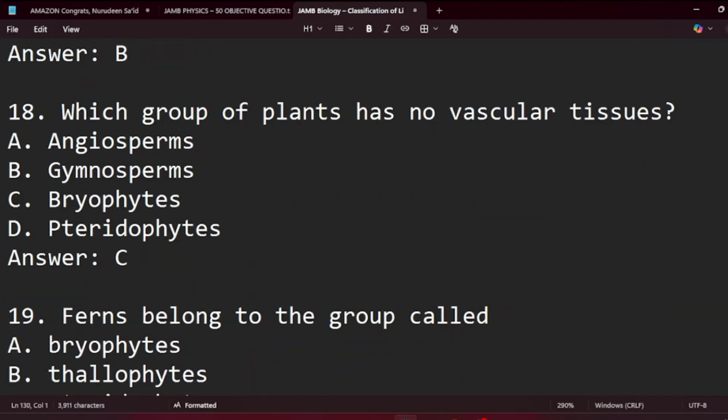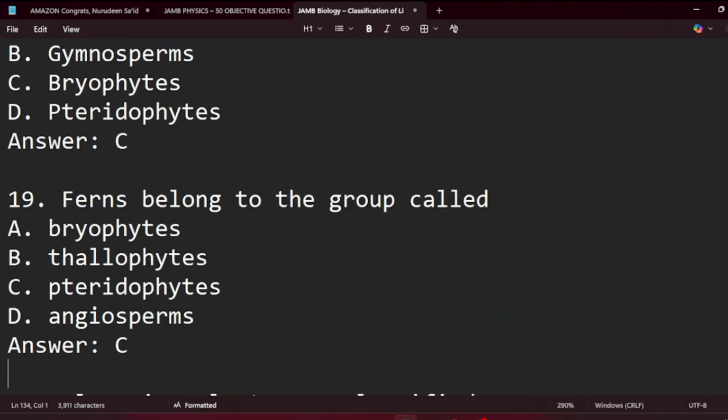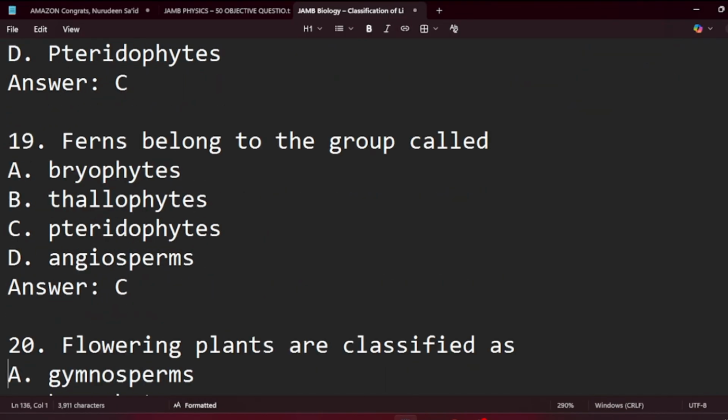Question number 18. Which group of plants have no vascular tissues? A, angiosperms, B, gymnosperms, C, bryophytes, D, pteridophytes. The answer is C, which is bryophytes. Question number 19. Ferns belong to the group called A, bryophytes, B, gymnosperms, C, pteridophytes, D, angiosperms.